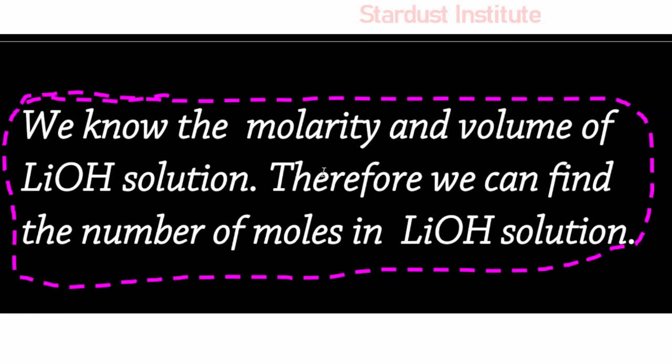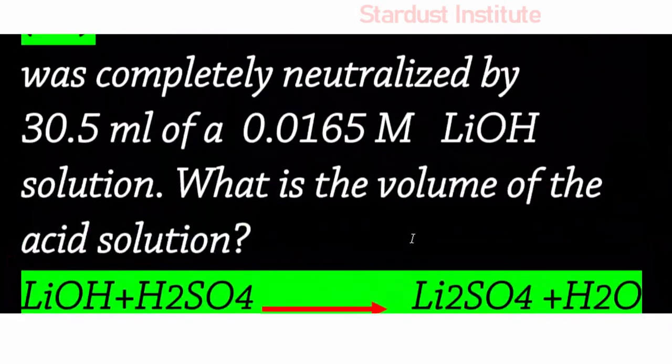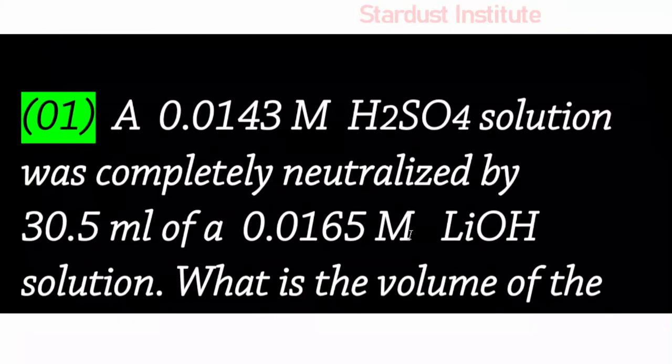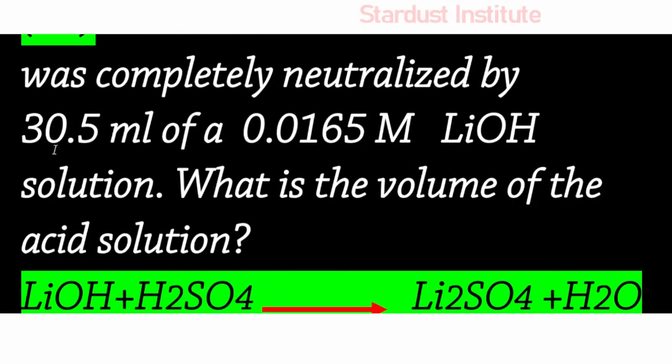We know the molarity and volume of lithium hydroxide solution. Therefore, we can find the number of moles in lithium hydroxide solution. Volume of this lithium hydroxide solution is 30.5 milliliters.